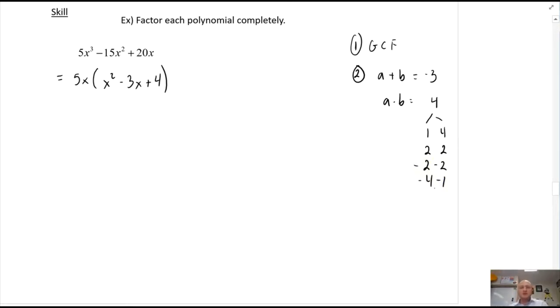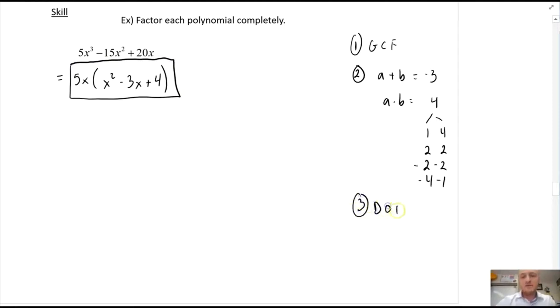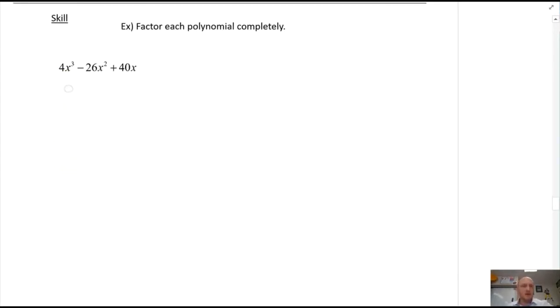So none of these give me -3. So we're done. This is our answer here, okay? And obviously, I'm not going to have a step 3 difference of two squares, because I don't have any binomials. So we are done. Okay, next example.